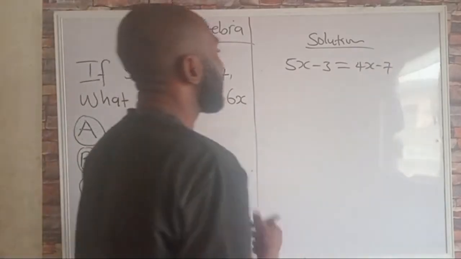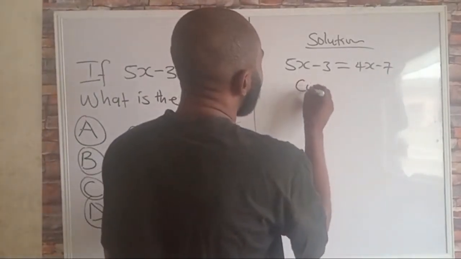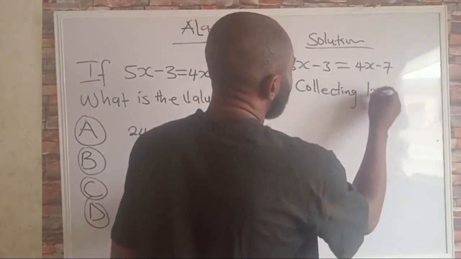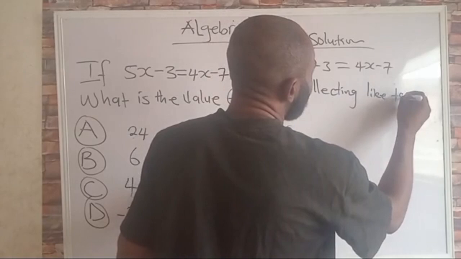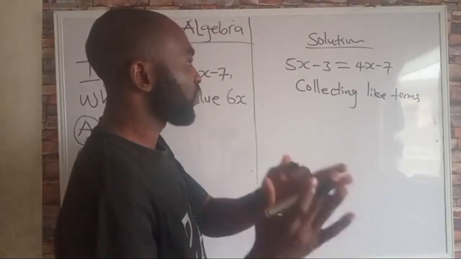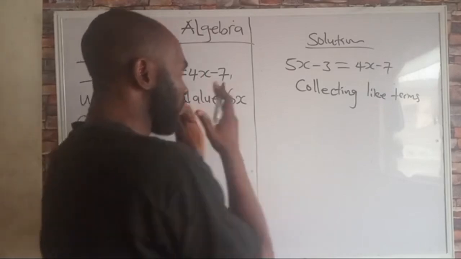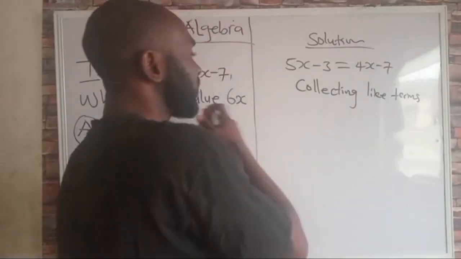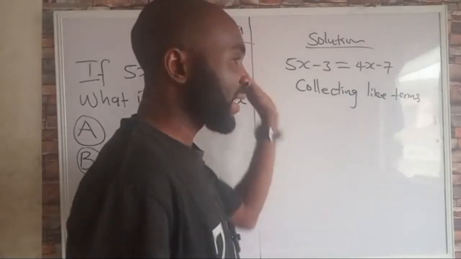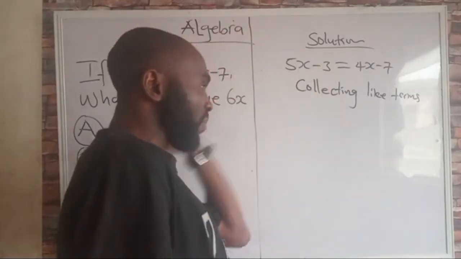So let's start, collecting like terms. So now I'll put the one with alphabet, which is the one with x, on one side. I'll put the one without x on the other side. I'll just decide any side. So I decide to keep the terms with x on my left hand side.